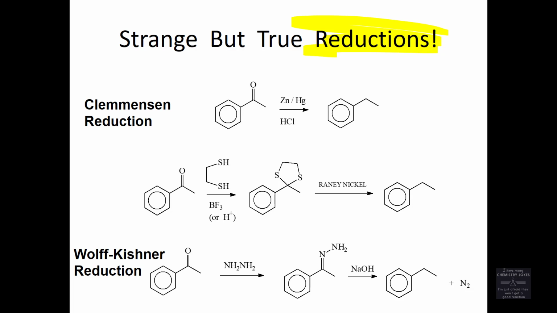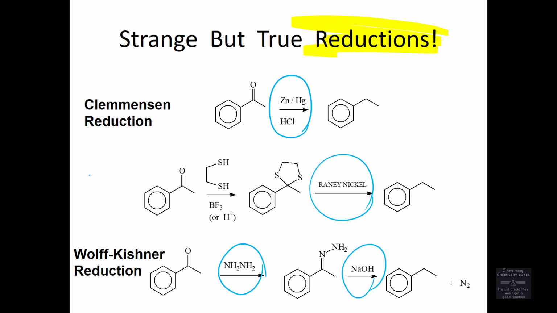Remember, we said sometimes alkyls are a problem because those carbocations rearrange. Sometimes they're a problem because they want to alkylate multiple times and stuff like that. But if you needed to, you could do these reduction reactions in order to put an acyl group on and then end up with an alkyl group.